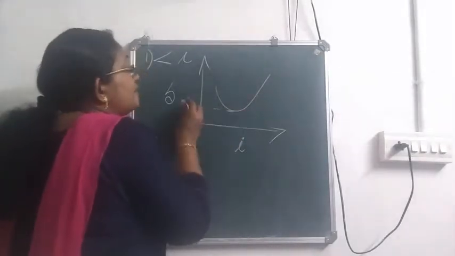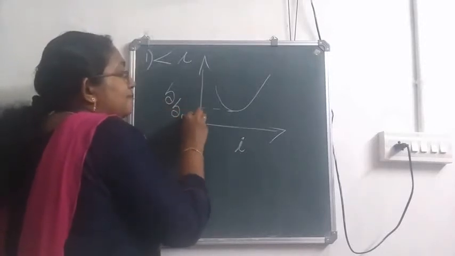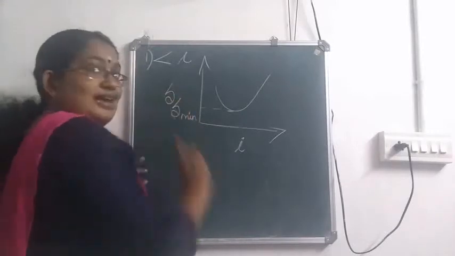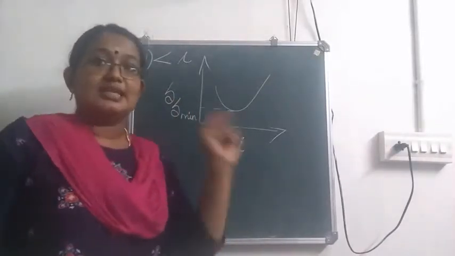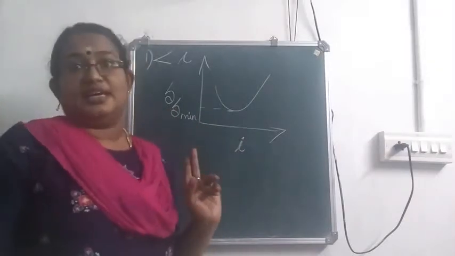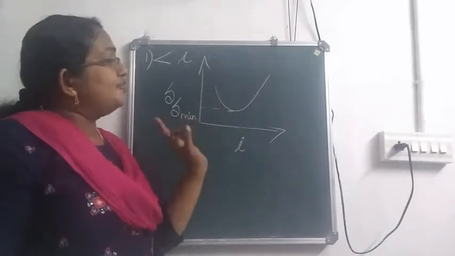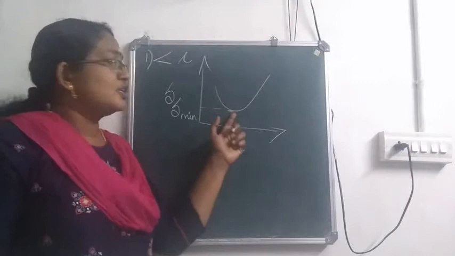And this minimum point can be called as delta min, that is angle of minimum deviation. Delta stands for angle of deviation. Delta minimum means angle of minimum deviation. That is the point where the angle of deviation becomes minimum.